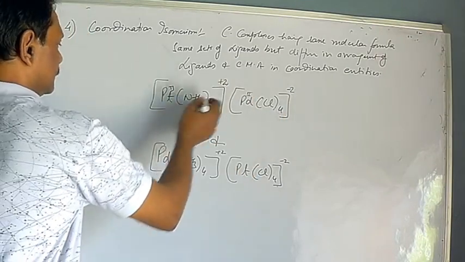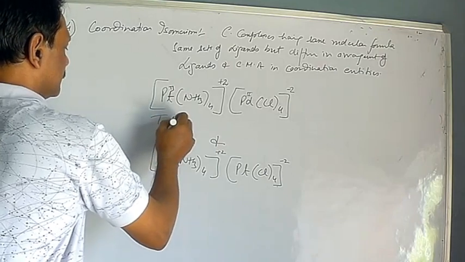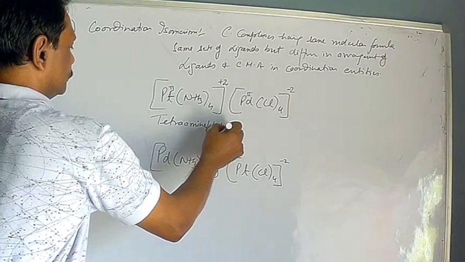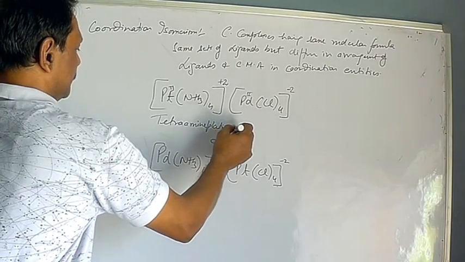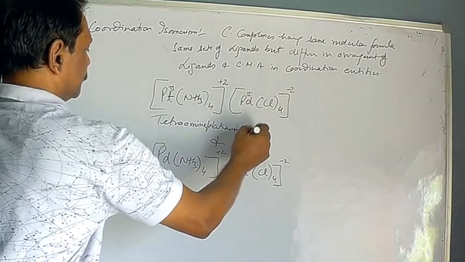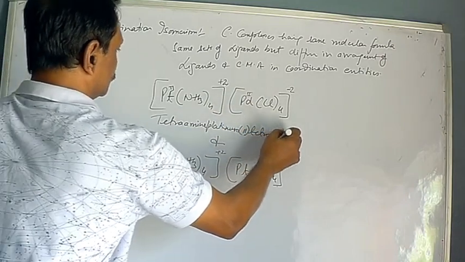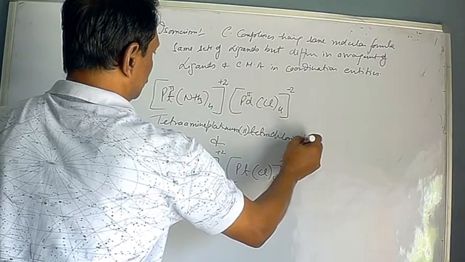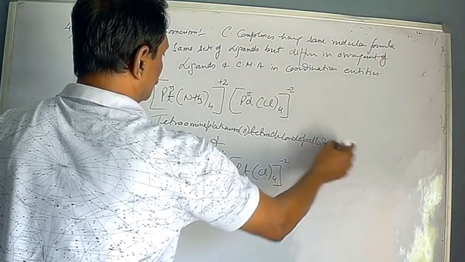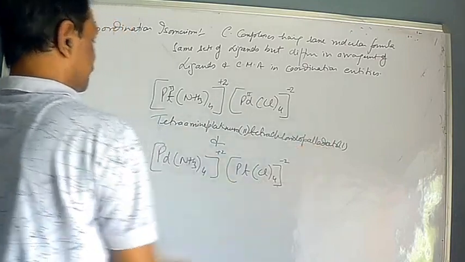So class, see the name: tetraammineplatinum(II), no gap, tetrachloridopalladate(II). Since palladium is anionic, so palladate.